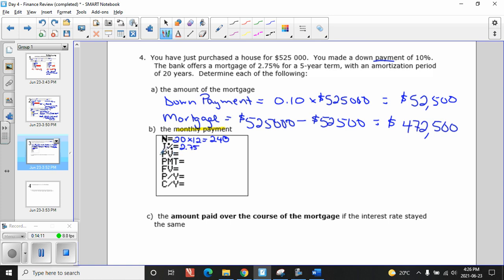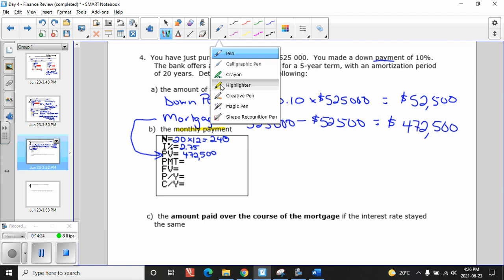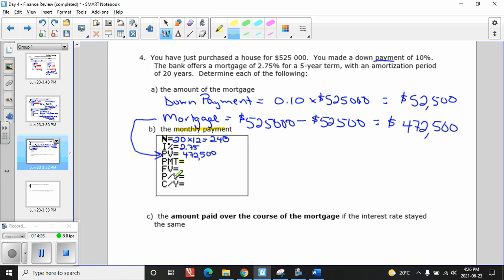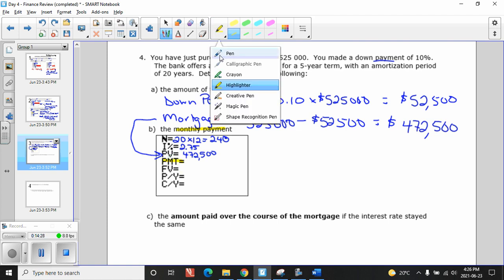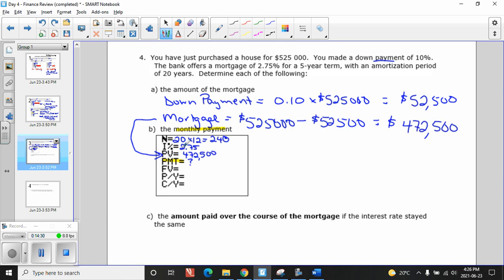The present value, that's the mortgage amount that you're going to borrow from the bank, so 472,500. Monthly payment, that's what we're going to be trying to find. It's not known yet. So that one you can put a question mark.